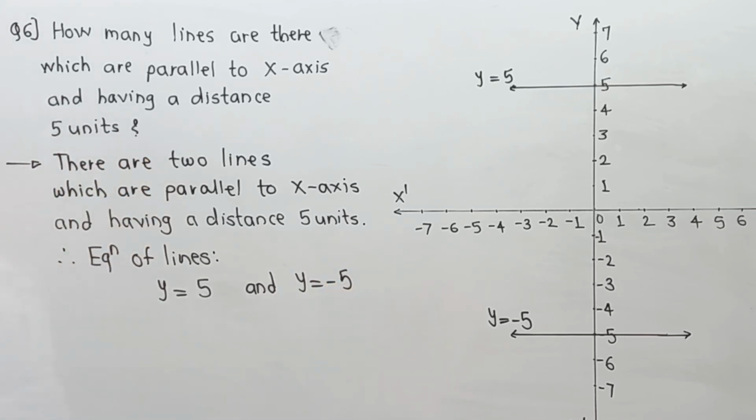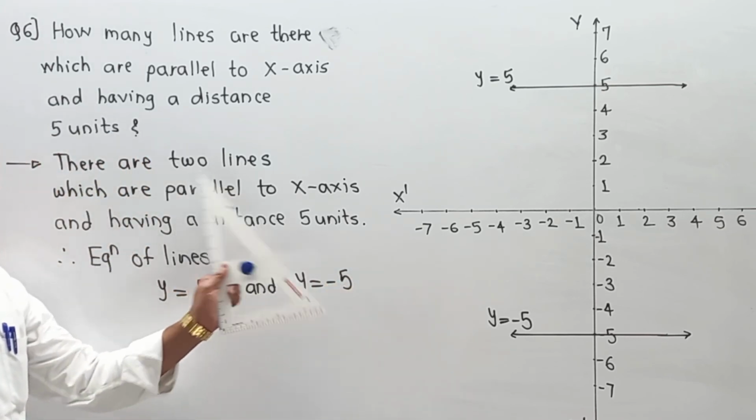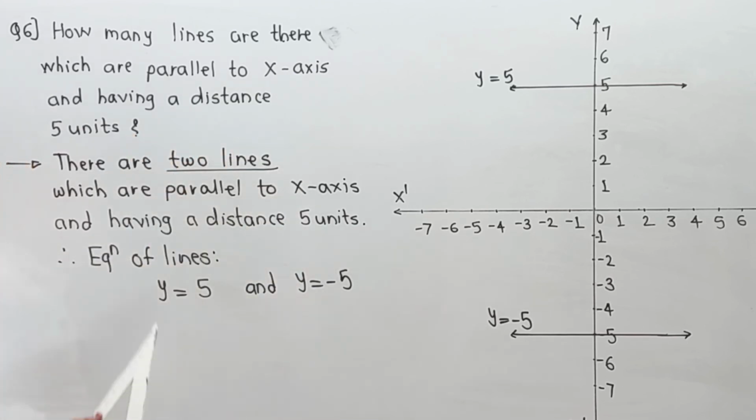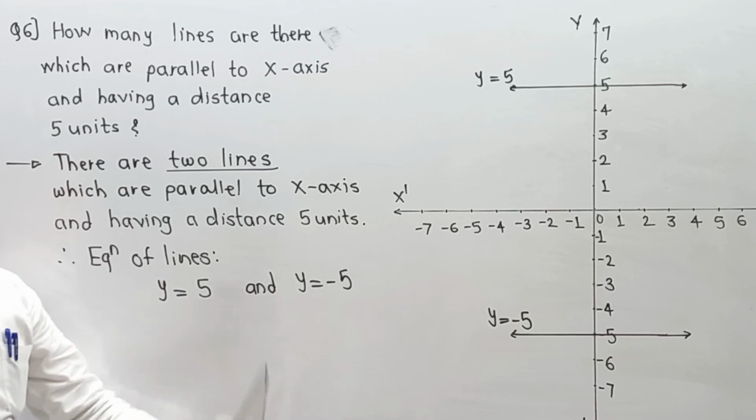These are the two equations of the lines, and the total number of lines is 2. So the right answer is 2 lines, and the equations are y is equal to 5 and y is equal to minus 5. In this way we can complete the part.